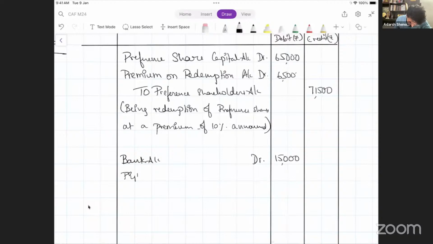There is a loss which I will debit directly to the profit and loss account. Loss on sale. 18,500 was in the investment. I have sold it for 15,000.